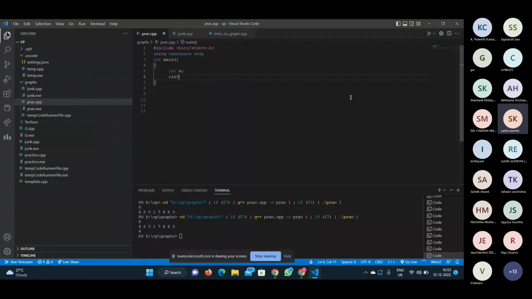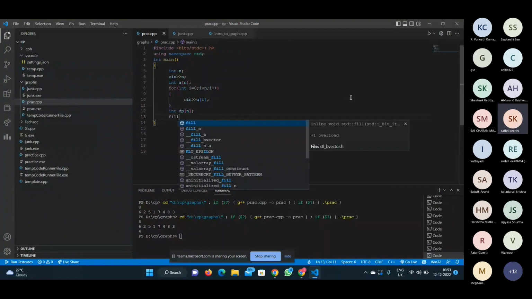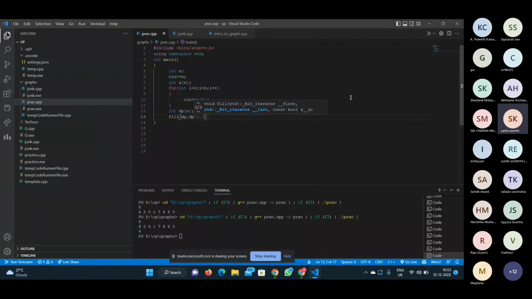We take the value of n first and input the values of the array, and then we initialize our dp array, dp of n, and fill all these values with 1. So what this line does is it initializes every value of dp of 0 to dp of n minus 1 to 1.